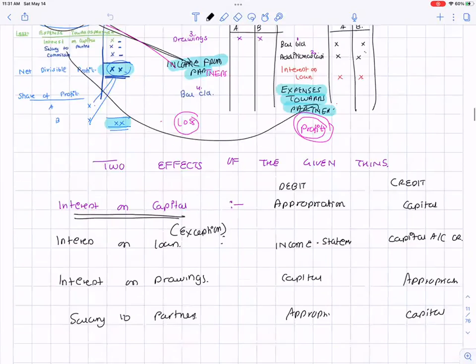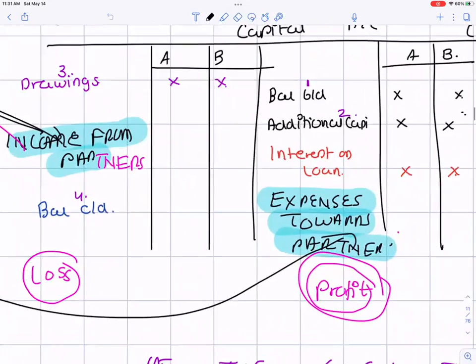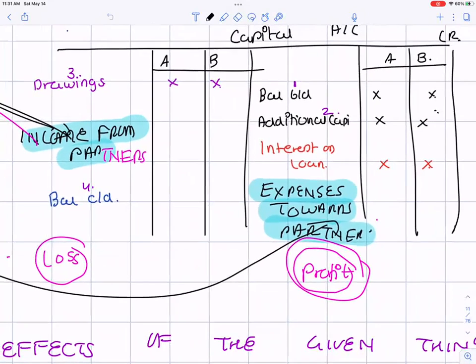Do you remember the current account or capital account format? Balance brought down, opening balance, then additional capital, then interest, then drawing, closing capital and interest on loan.